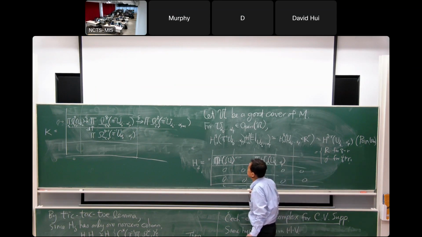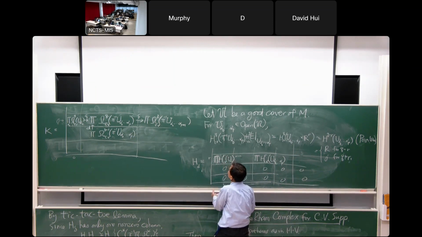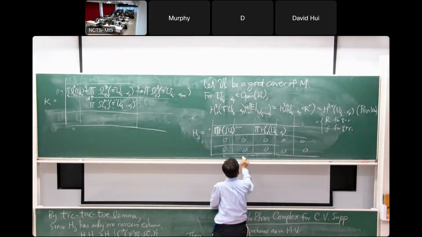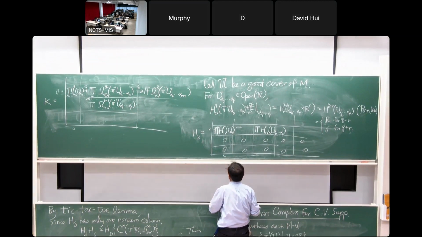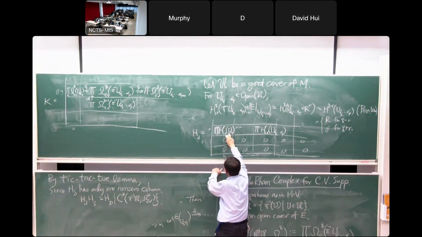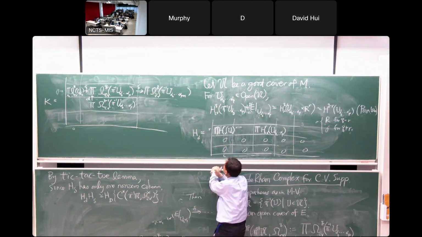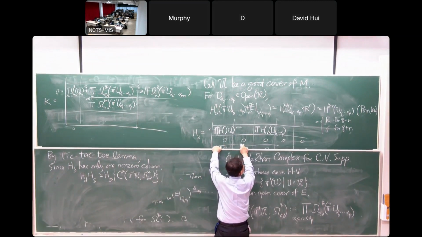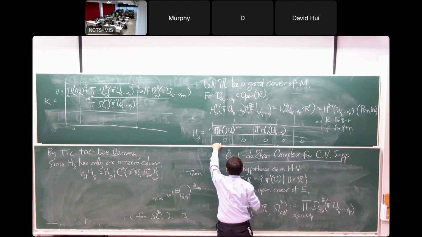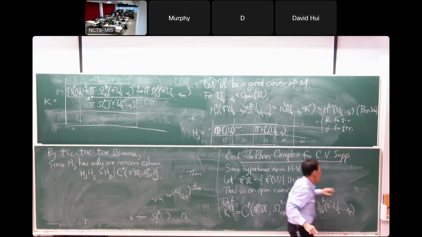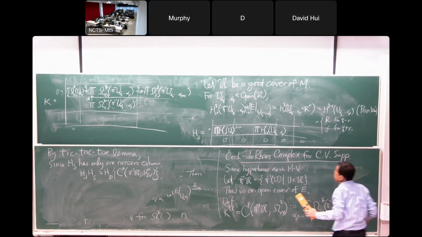That's H_D. And you know that each of these groups is R, right? Okay. So let's rewrite that.